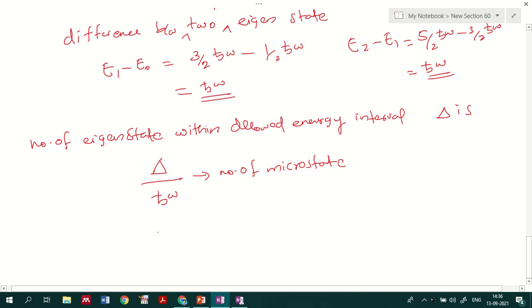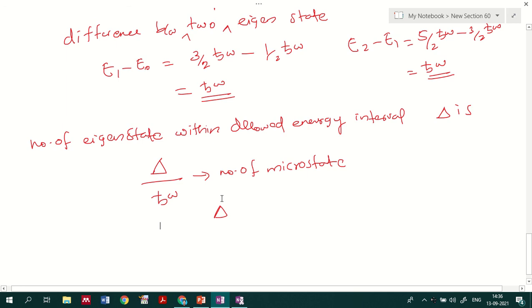From that, the number of microstates I can represent as, for example, t, sorry, not t, it is gamma. Sorry for saying t, it's actually gamma. So what is gamma?